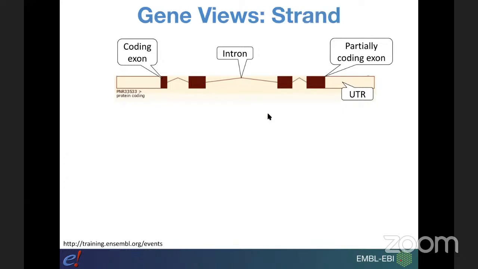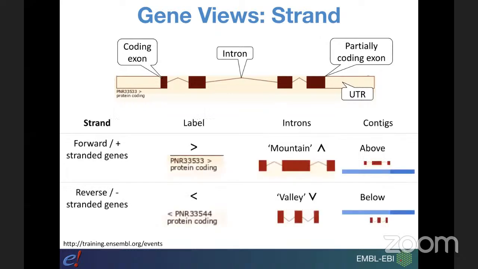Then we have a few hints on gene orientation, so the strand on which the gene is located. The first hint is the relative position of the transcript to the genome assembly. As you may have learned from yesterday's workshop, a forward-stranded gene is shown above the genome assembly, which is shown as the blue bar, and reverse-stranded genes are shown below the genome assembly.